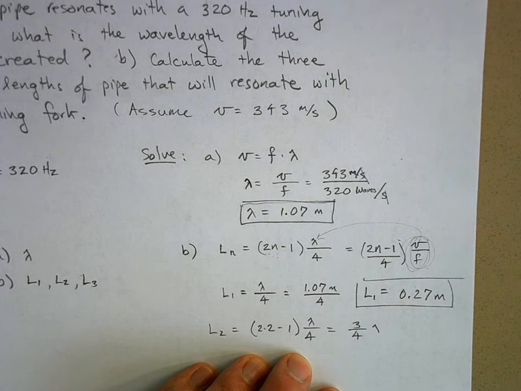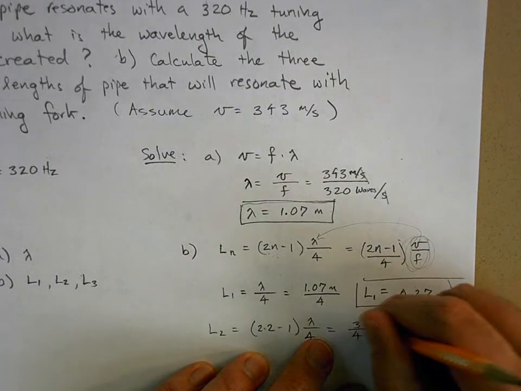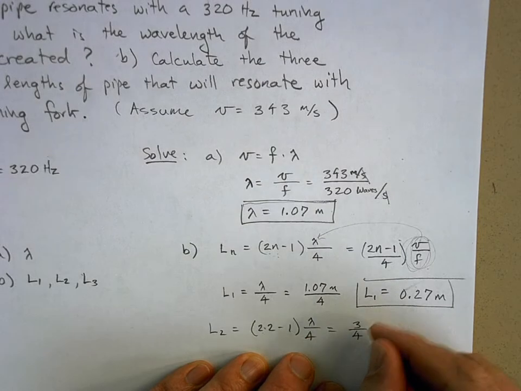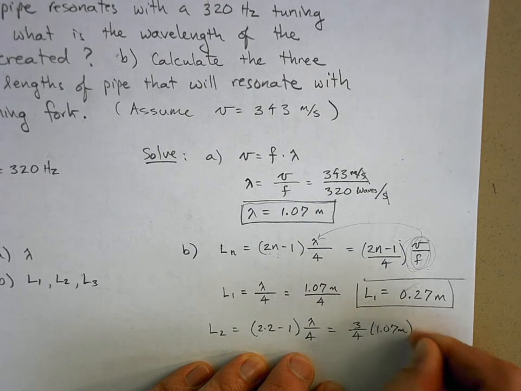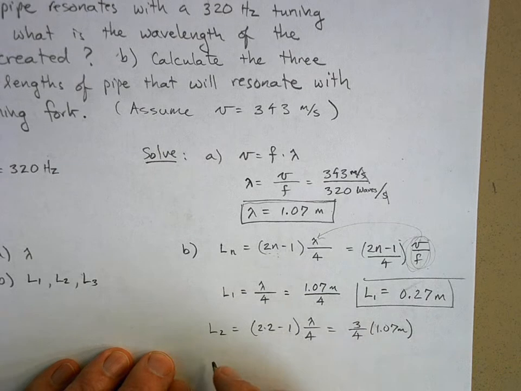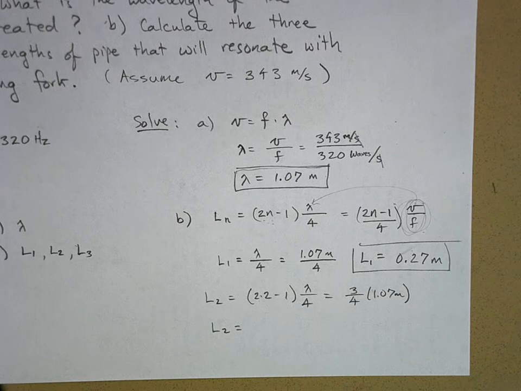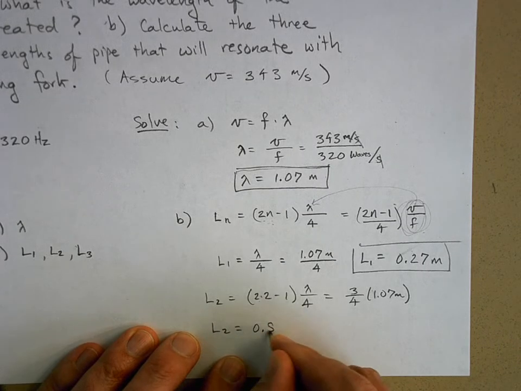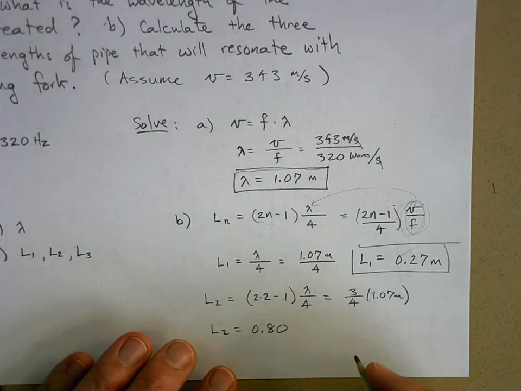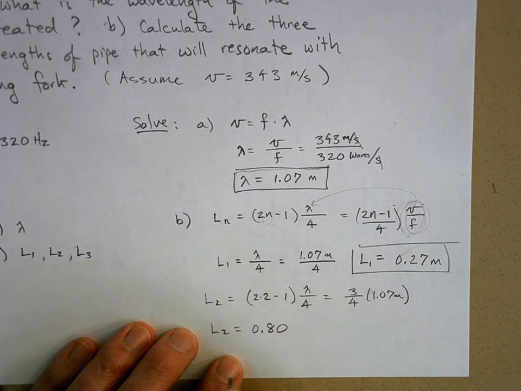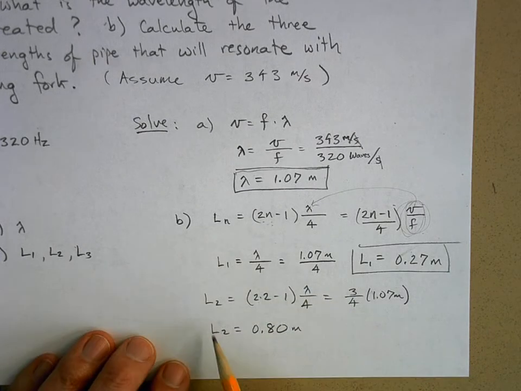Let me just plug the value in here, of 1.07 meters. And so L2 is equal to, what is that, about 0.80? Is it 0.8025? Okay. 0.8025. We'll just call it 0.80, those 2 significant figures.